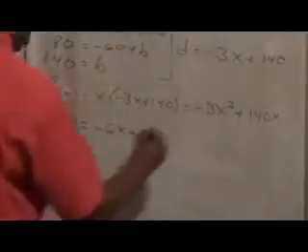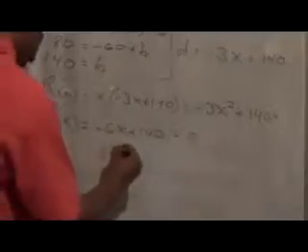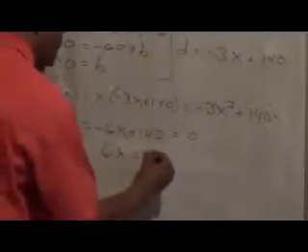Negative 6x plus 140, set equal to 0. If I add 6x to both sides, I'm going to get positive 6x equals 140. Divide both sides by 6.